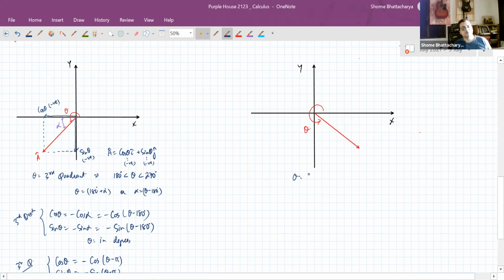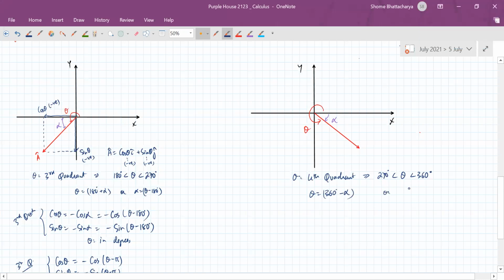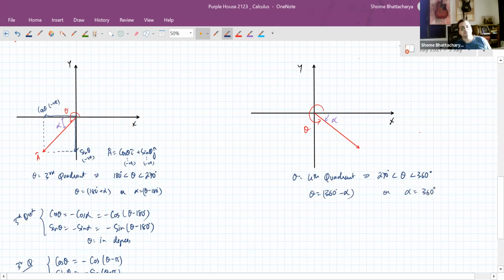So theta in the fourth quadrant now means that theta is greater than 270 degrees and less than 360 degrees. So now if I treat this angle as alpha, I can see that theta is equal to 360 minus alpha, or alpha is equal to 360 minus theta.